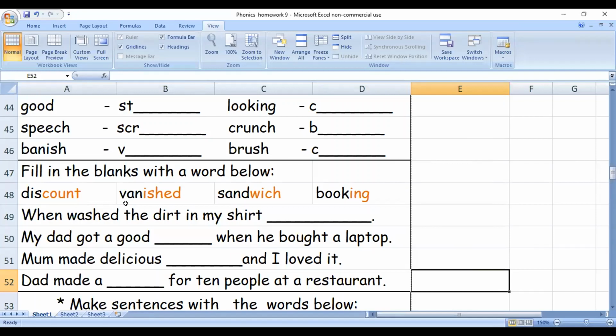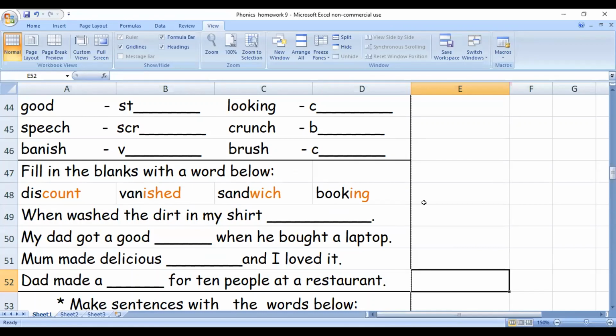The next word is vanished. Vanished means disappeared. The third word is sandwich. Sandwich, the one that you eat.